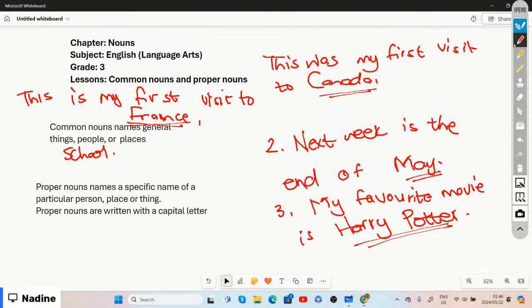Whereas proper nouns specify a specific person, place, thing, or even the name of an animal, for example, right? So this is now the end of our lesson on nouns, right?